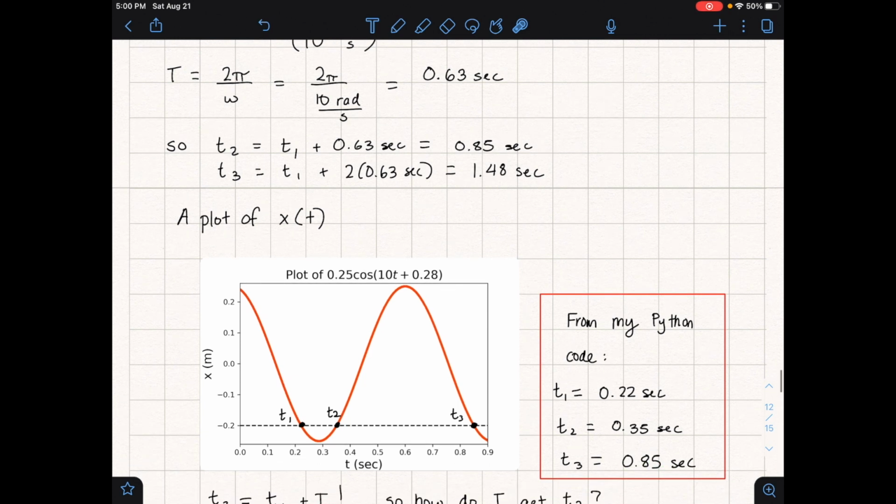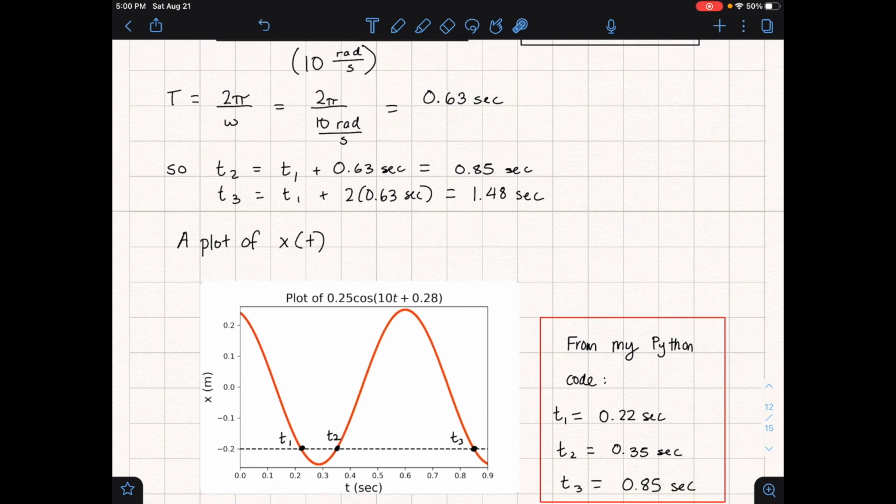The reason I got it wrong is because I forgot to realize that this block, if we think about it in a physical way, is going to go down, right? It starts going down, reaches negative 0.20, reaches its minimum of negative 0.25, and then has to go back through negative 0.20 on its way back up.